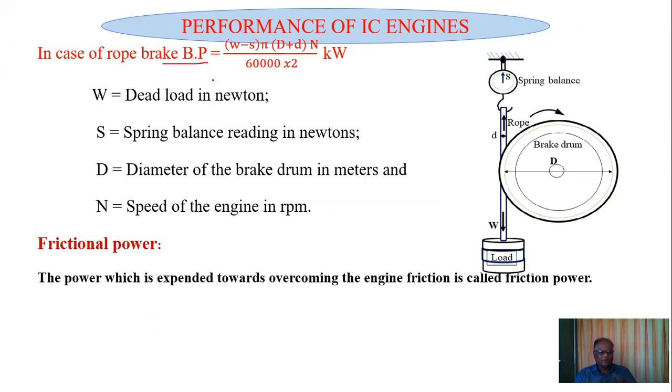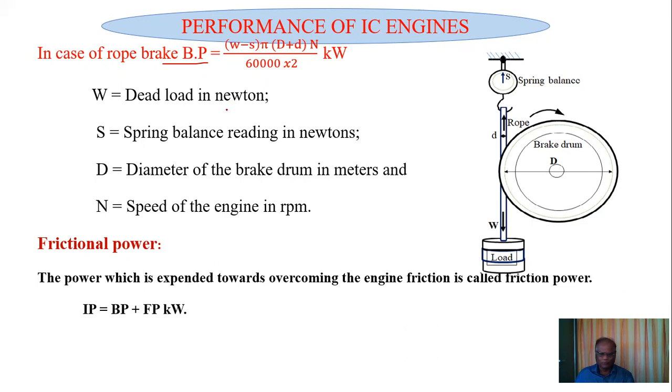Now I am coming to the frictional power or the loss. There are many moving and rotating parts of the engine, and there is friction between these moving parts. Some part of the power from the engine has to be expended to operate these and overcome the friction between these parts. That power is called the frictional loss of an engine.